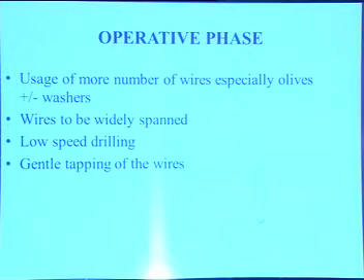The second point is these wires ought to be widely spanned: along the long axis of the bone, the maximum length of the bone should be covered with wires, so that you have a maximum purchase or a long working length of the bone.